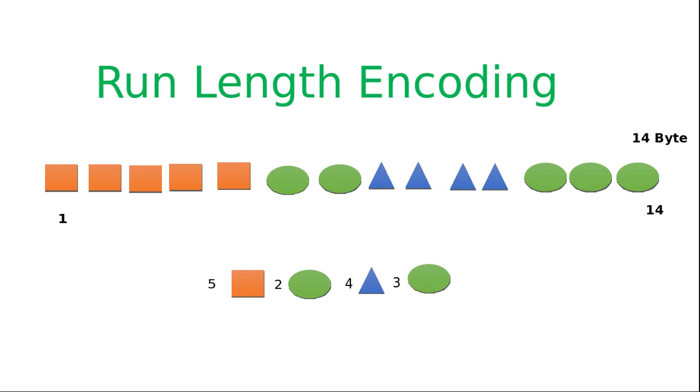You can see there is one number, which is nothing but the run length: how many times it repeats. Actually, in the first case it should be the square and then 5, then oval and 2, then triangle and 4, then oval and 3, but I have reversed the order, so it became like a length run encoding.